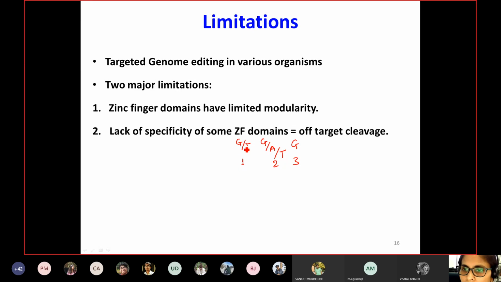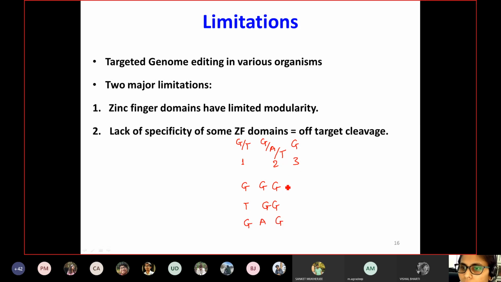So that means this will give you a lot of sequences. You can have one sequence, for example, GGG. You can have another sequence, for example, TGG. Second sequence, you can have GAG.